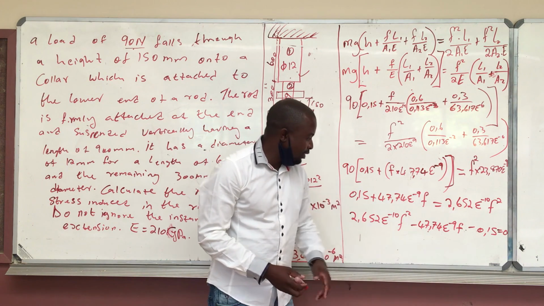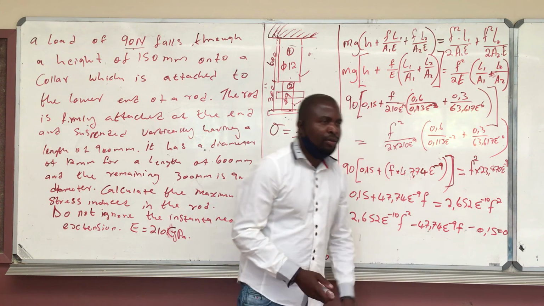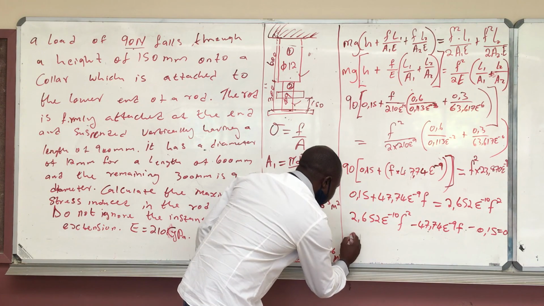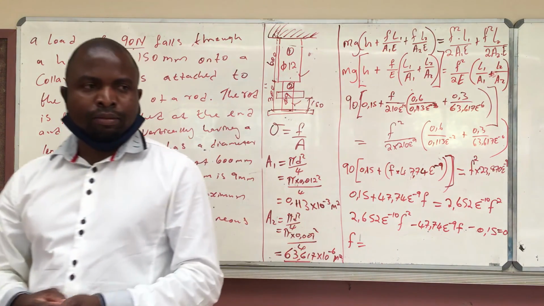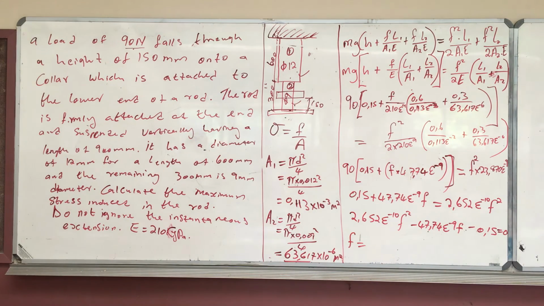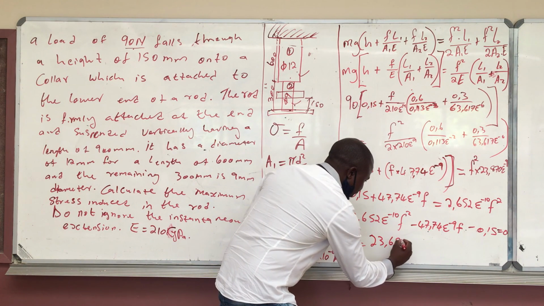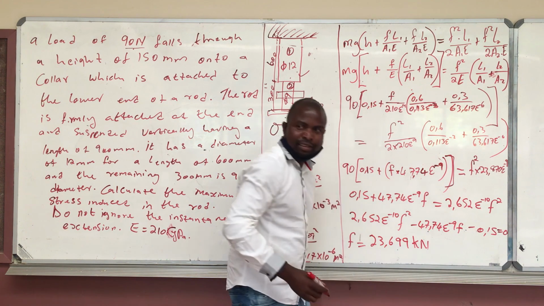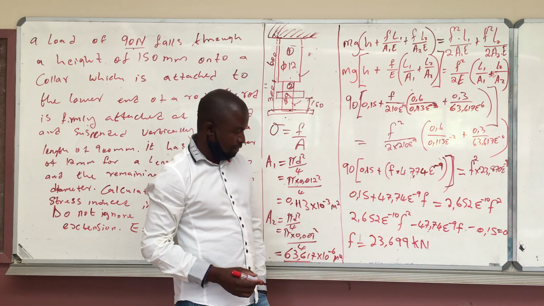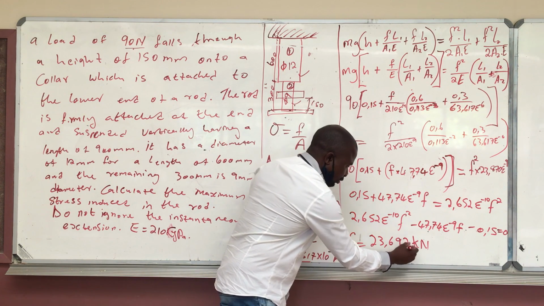Okay, solve for F. Here we have F squared, here we have F, here we have the constant, then we have 0. Solve for F, quadratic equation. What do you get for your F? 23,692 kilonewton.